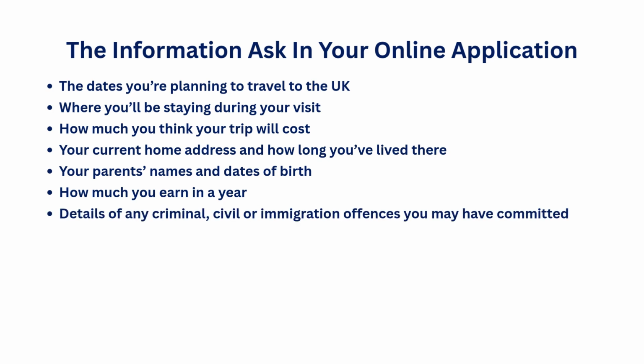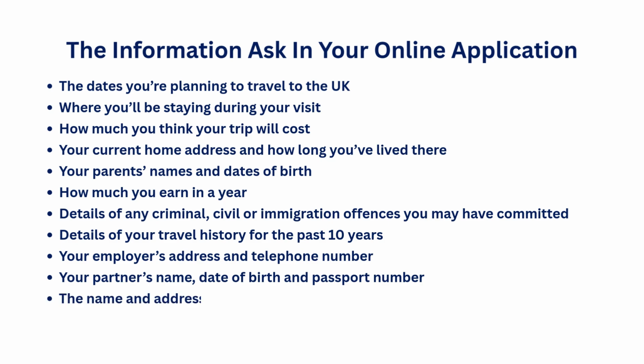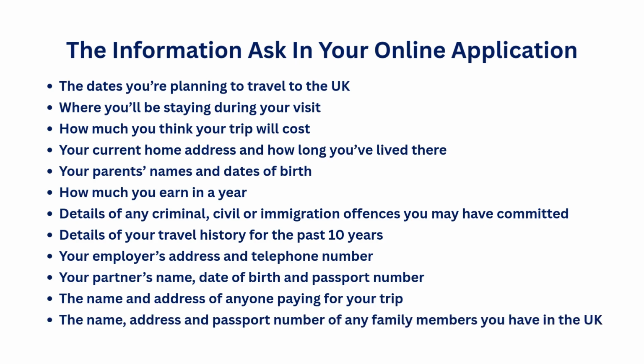details of any criminal, civil, or immigration offenses you may have committed, details of your travel history for the past 10 years, your employer's address and telephone number, your partner's name, date of birth and passport number, the name and address of anyone paying for your trip, the name, address, and passport number of any family members you have in the UK.